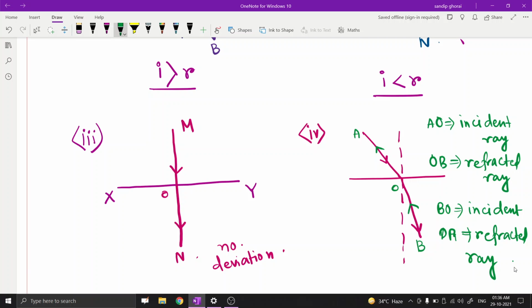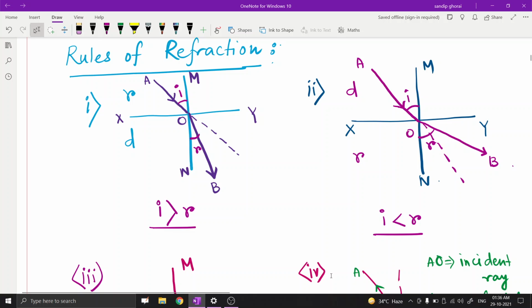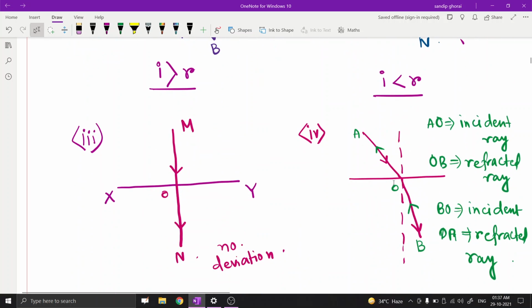So these are the four rules of refraction. For the first, when light travels from rarer to denser medium, light bends towards the normal, and I is greater than R. For the second, when light travels from denser to rarer medium, the ray is refracted away from the normal, and R is greater than I. When light is incident on the separation line at right angle, it travels along the same straight path.